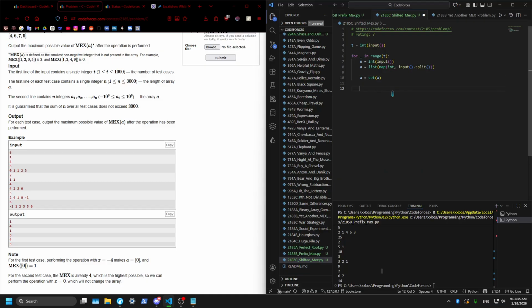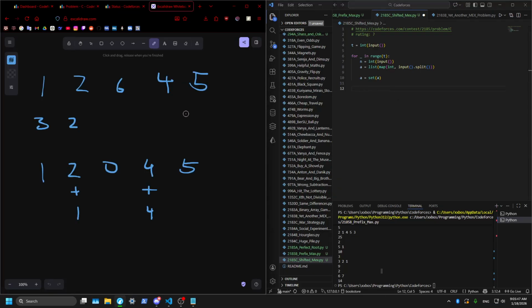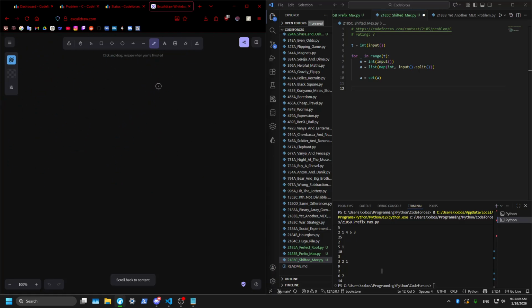Right, and then so what are my cases here? Case 1, connected.